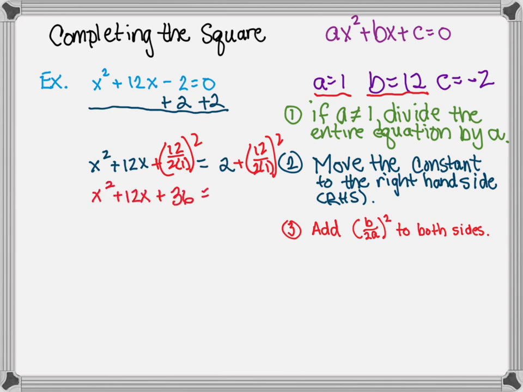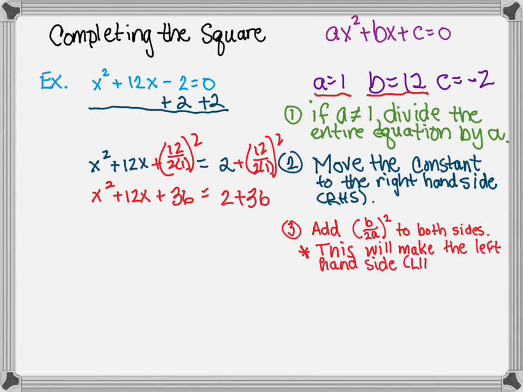So simplifying that a little bit, I now have x squared plus 12x plus 36 equals 2 plus 36. So when we do this, this will make the left-hand side a perfect square trinomial. I won't exactly go into the reasoning, like why that happens in this video, but it will always work out that way.